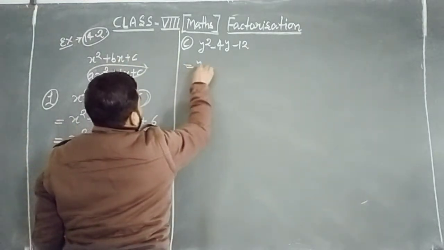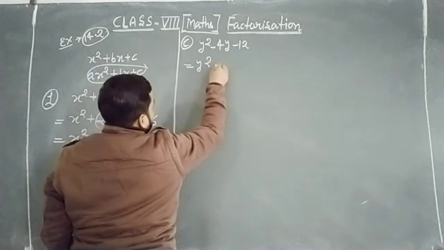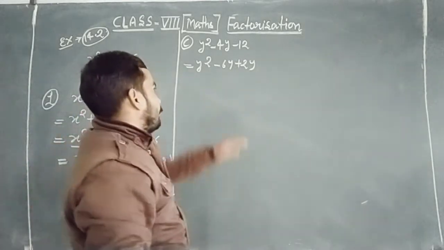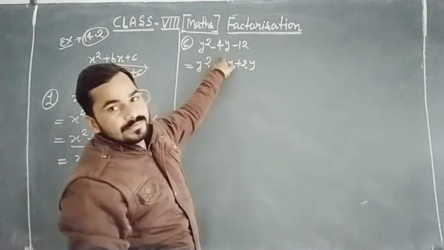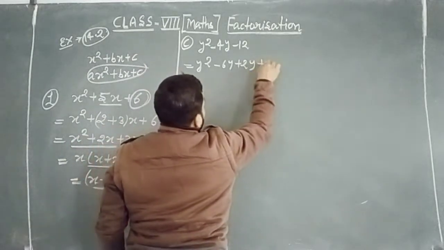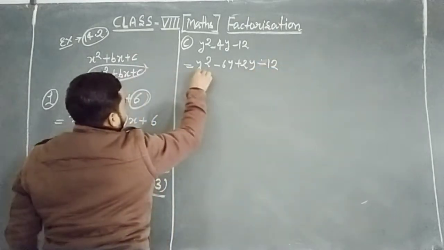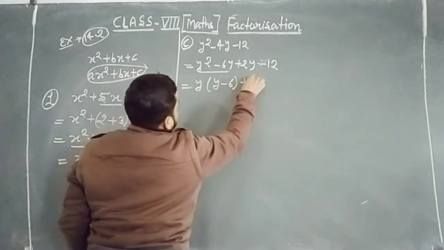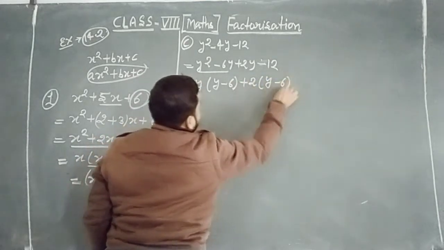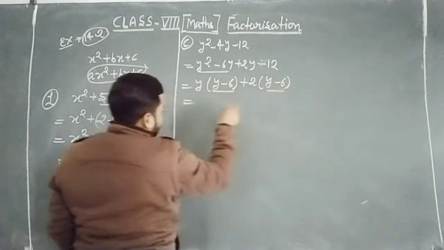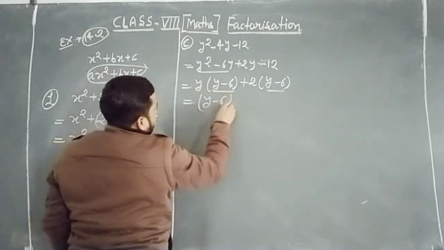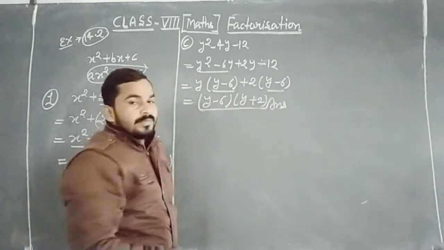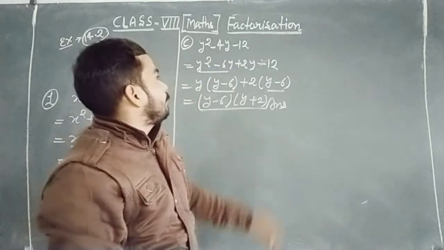So write here y square minus 6y plus 2y minus 12, since minus 6 plus 2 equals minus 4. Taking common y in the first two terms, y minus 6, and plus 2 is common, y minus 6. Then y minus 6 is common, so y minus 6 and y plus 2. So these are the factors of y square minus 4y minus 12.